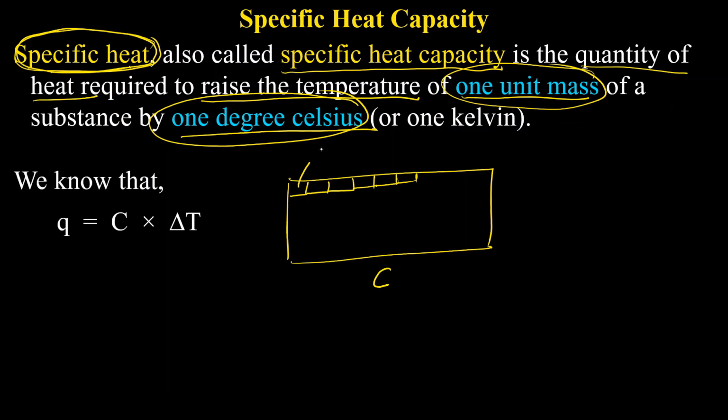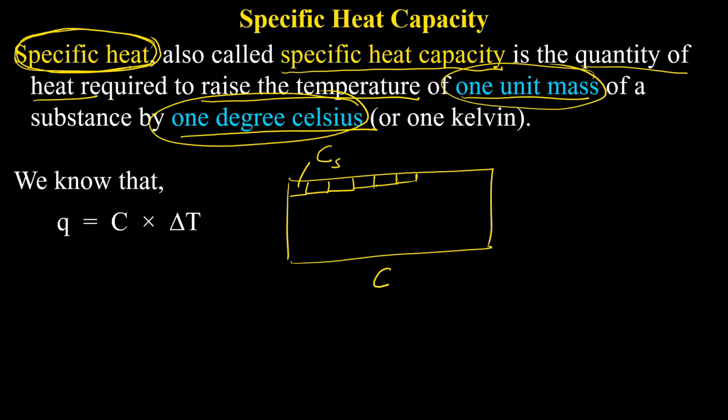This heat capacity, specific heat capacity, is written as lowercase c, but to make it clear, a few guides use capital C with subscript S just to indicate the specific heat capacity, but most of the books you will see it written as lowercase c. Lowercase c and uppercase C just create confusion, so I am writing it as lowercase c.